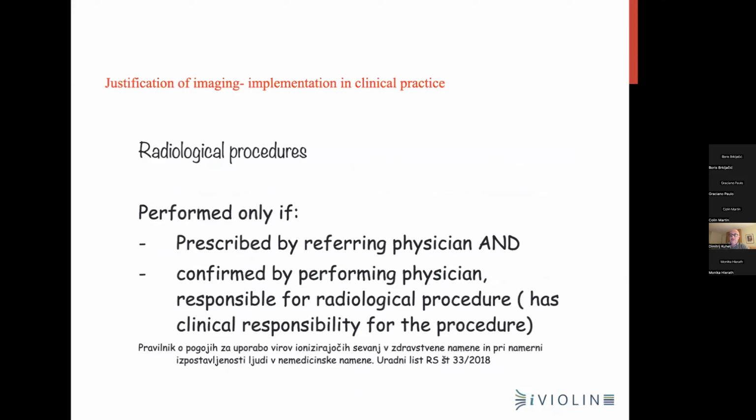Any radiological procedure in Slovenia can be performed only if it's prescribed by a referring physician and if it's confirmed by a performing physician. The performing physician is also responsible for the procedure itself and has clinical responsibility for the procedure. What it means is that we should not allow any procedure if we think it's not indicated.